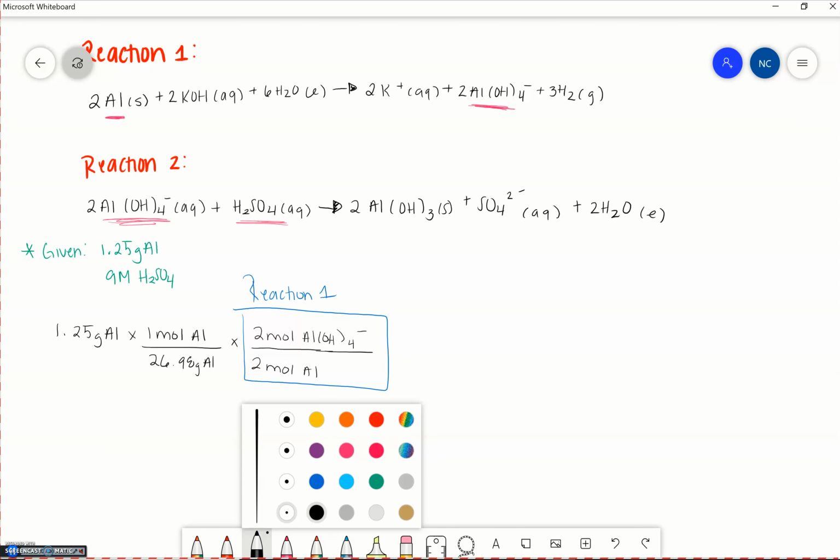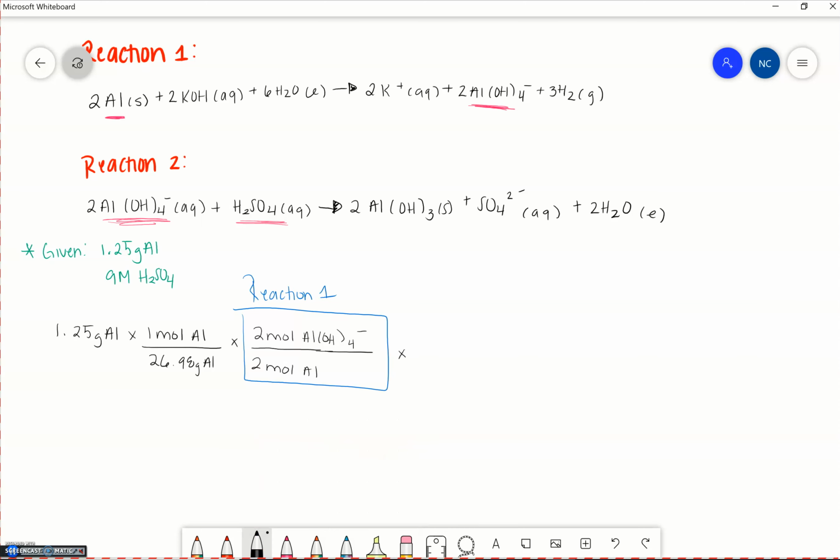Now we can use the balanced equation for reaction 2. So 2 moles of aluminum hydroxide 4-, and there's 1 mole of sulfuric acid. And what answer do you get there?